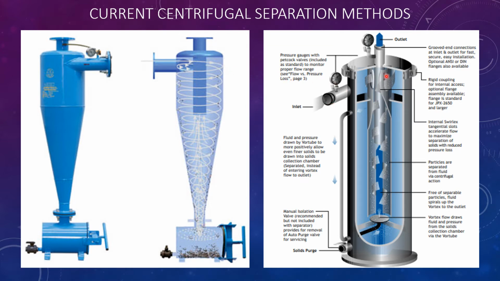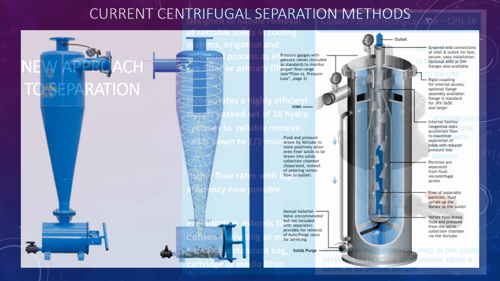This is a separator, and the only difference is this is a cone, this is a tube. Comes in, gets spun up, goes through slots if it's a case of this manufacturer. Some of them don't even have slots. And basically we spin up the water, the solids fall out, and the clean water comes out the top.